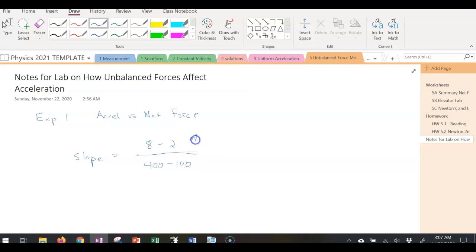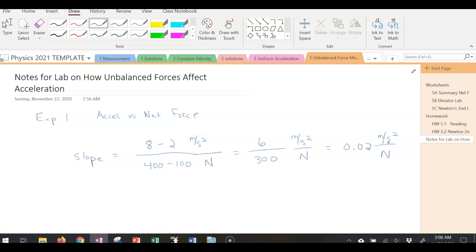This was meters per second squared because this was acceleration and this was newtons. And so I get 6 divided by 300 meters per second squared per newton, and that is 0.02 meters per second squared per newton. That is the slope of this line.